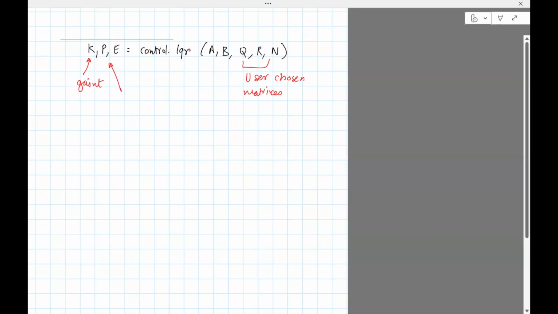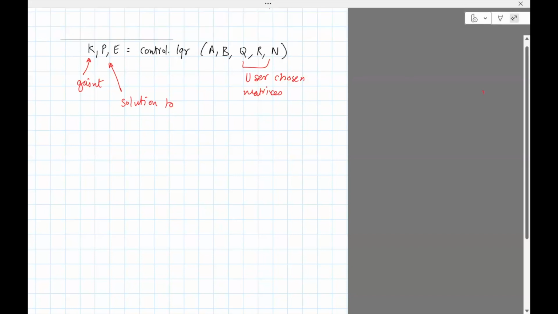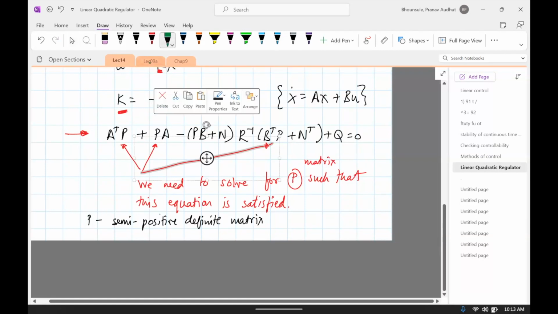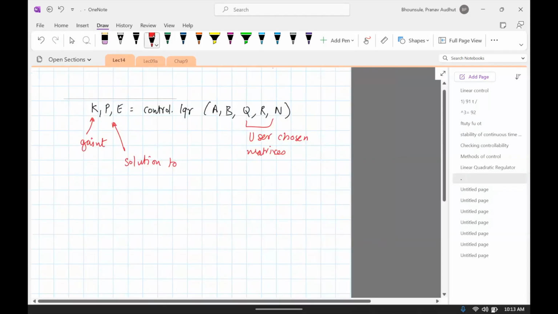This is the gain. This is the solution to the equation, which is called a Riccati equation, probably some guy called Riccati came up with it. I don't know what P is called. So this is the solution to the Riccati equation.